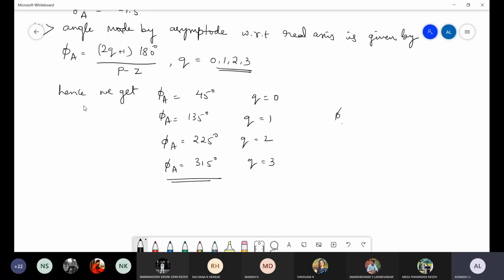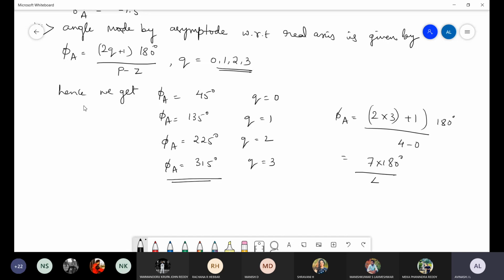For example, take q equal to 3: (2 into 3 plus 1) divided by 4 minus 0, multiplied by 180 degrees. 2 into 3 is 6, 6 plus 1 is 7, so 7 into 180 divided by 4 yields 315 degrees.